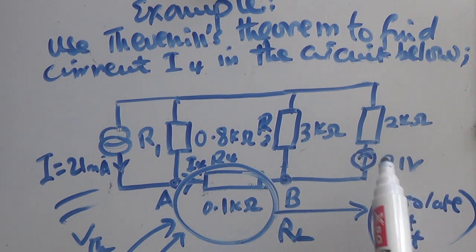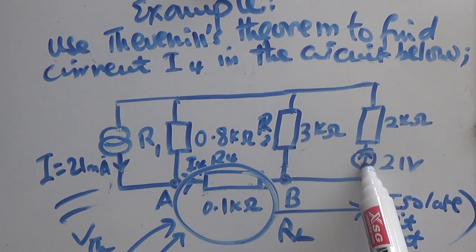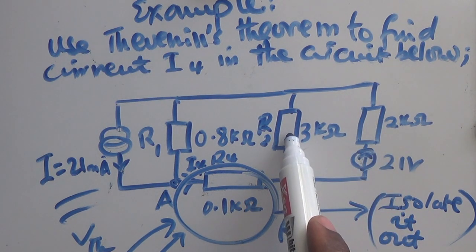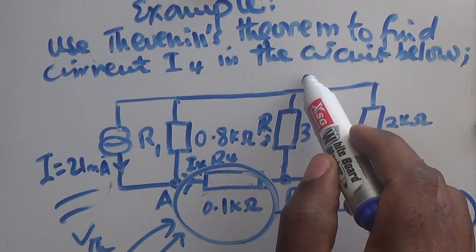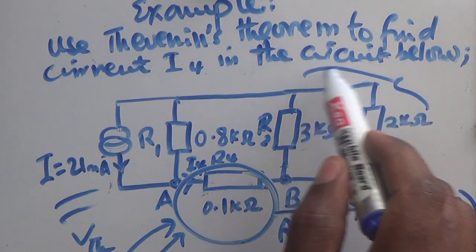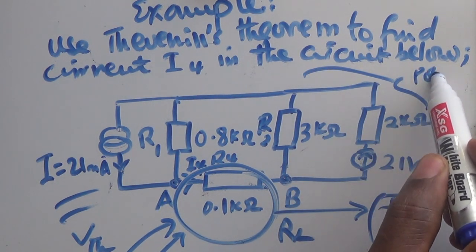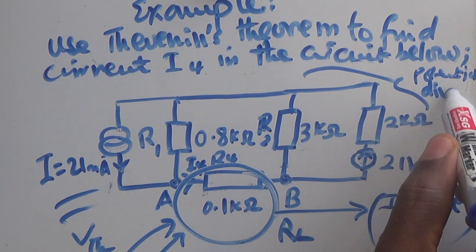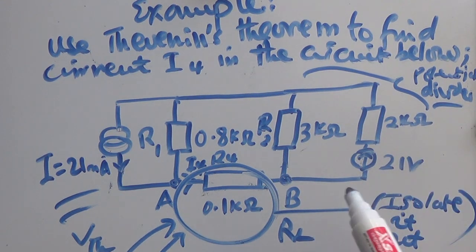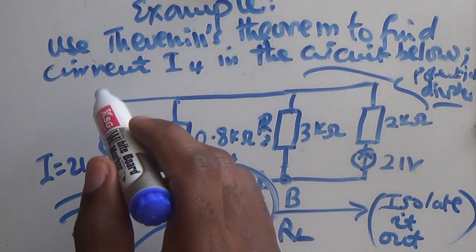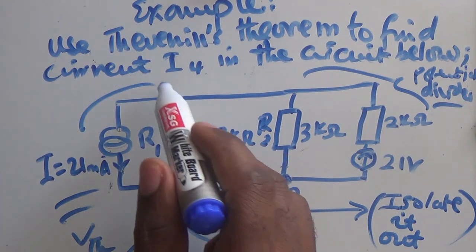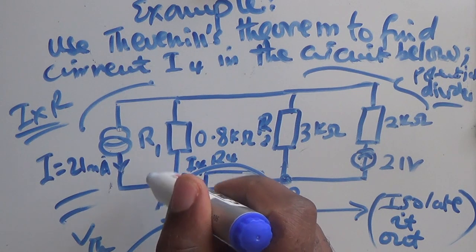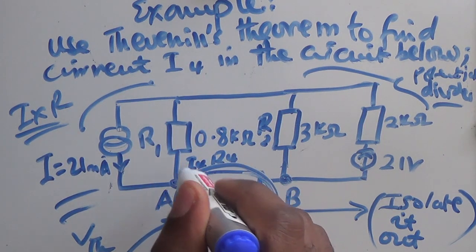That's easy, because we shall have this voltage being divided across this and this other resistor. So here we shall have a potential divider, and then we get the I times R, the potential drop here.